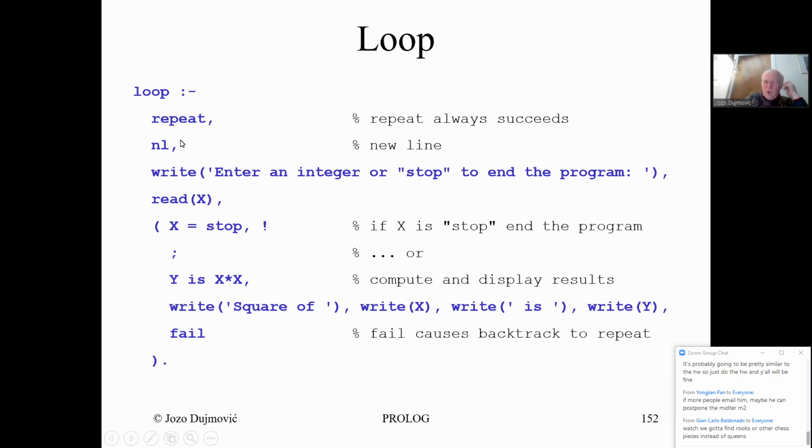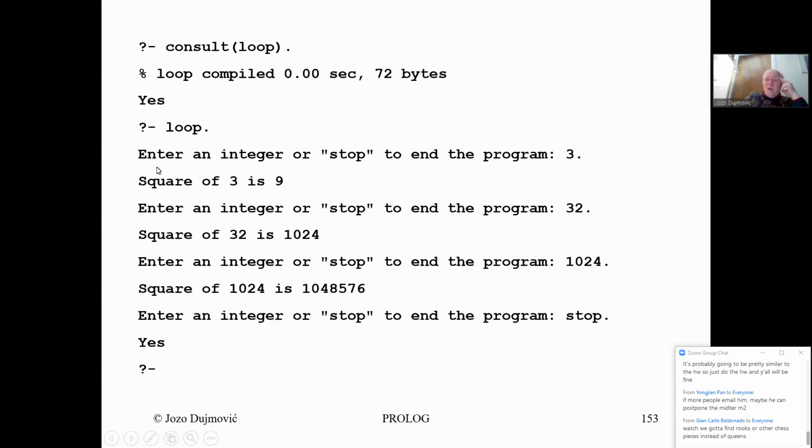So we have here repeat, and then after that put a new line and write a simple prompt to the user. What we want to do is tell the user, enter an integer or stop to end the program. So the user comes and enters 3.